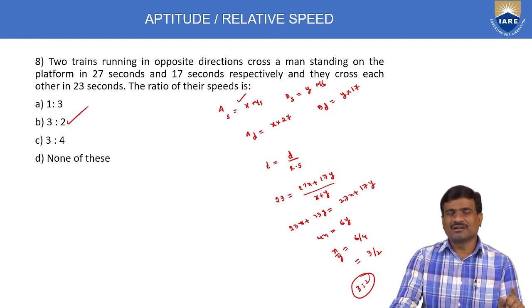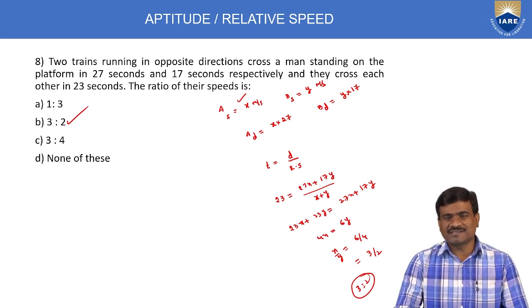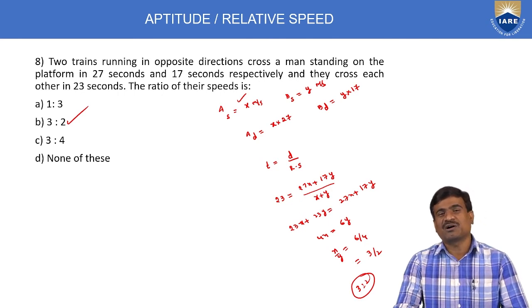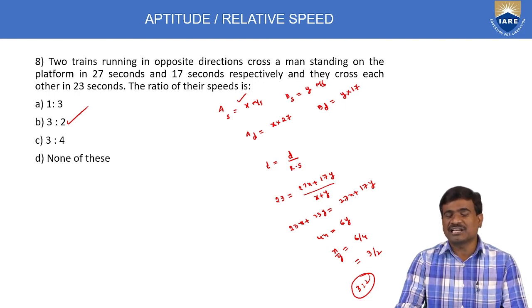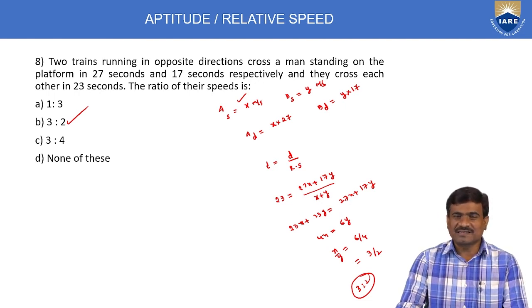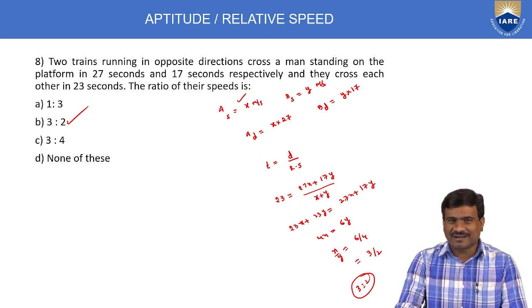Note, when a train crosses a single object, the distance is equal to the length of the train. When a train crosses a stationary object, the distance is equal to the sum of the two lengths. The distance is equal to the length of the first train plus the length of the second train.